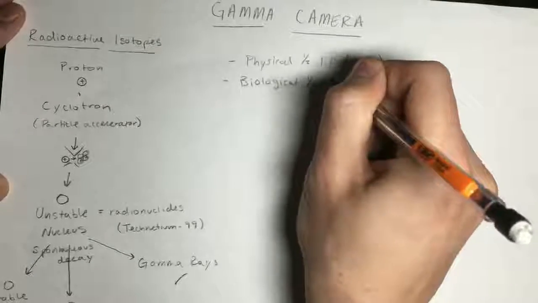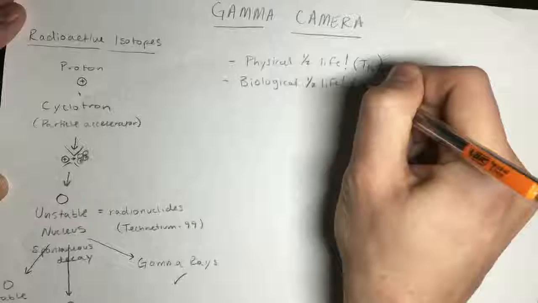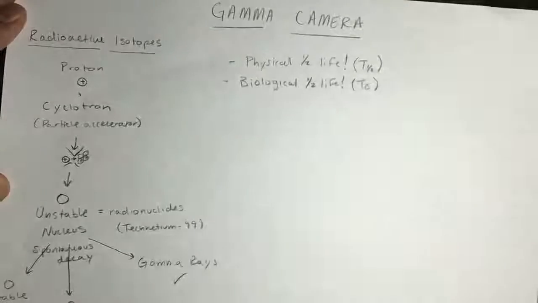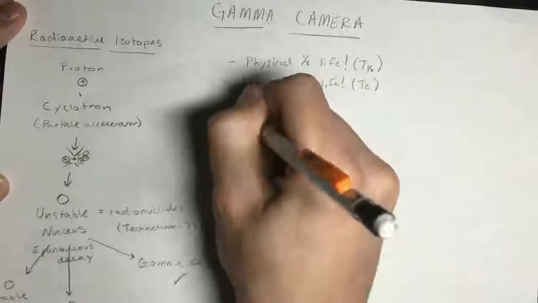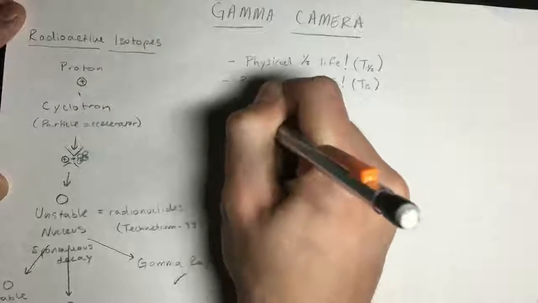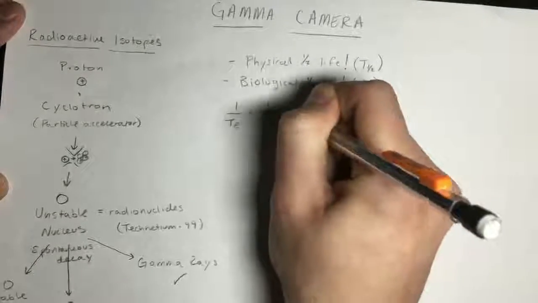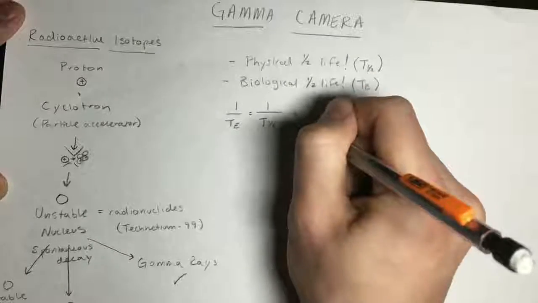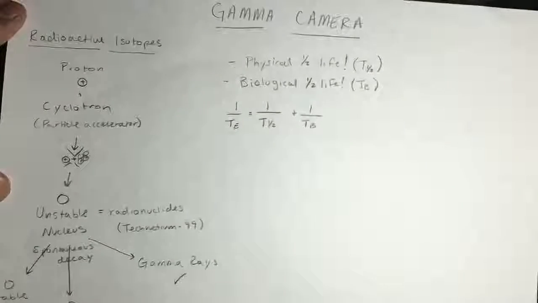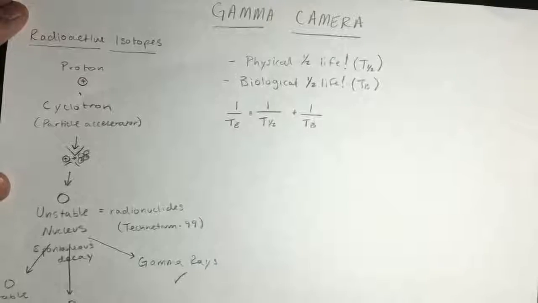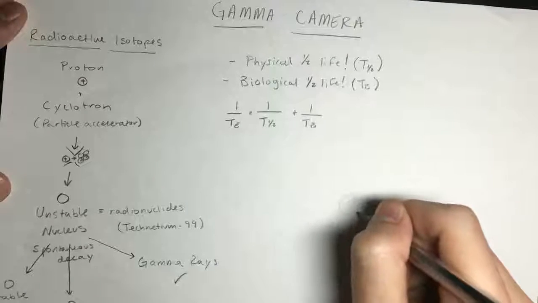We also have a biological half-life, which is the time required for 50% of the substance in the form of gamma rays to be emitted from the body through metabolic turnover. The effective half-life is both of these combined, as shown in the equation.